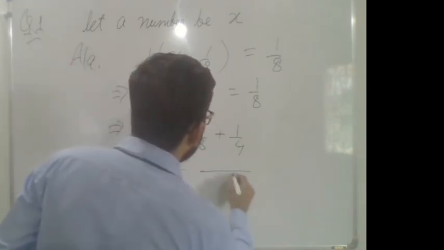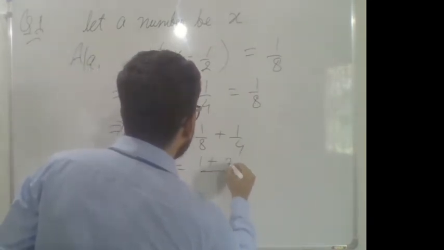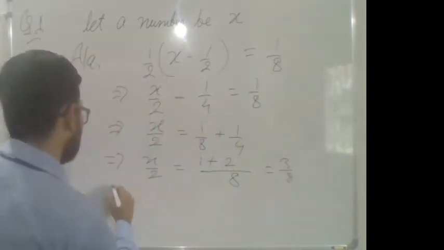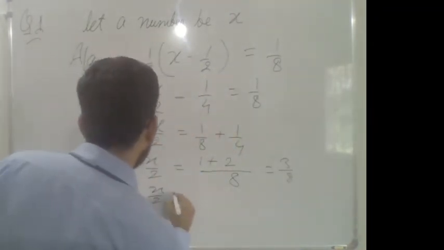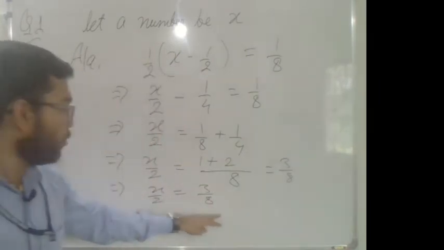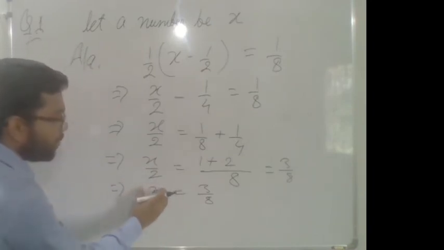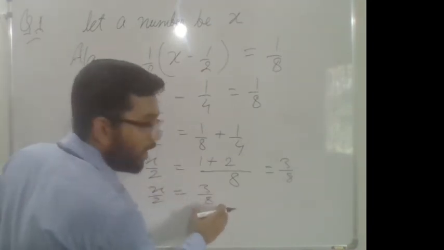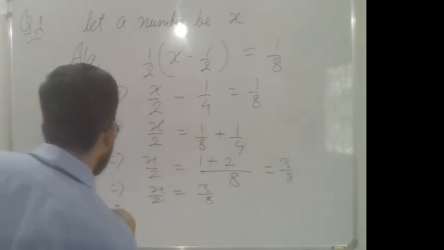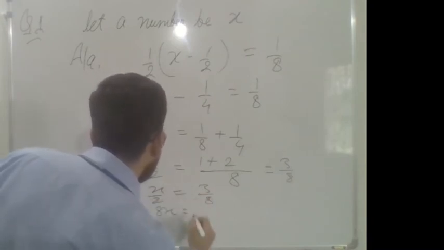taking the LCM, you will get 8, 1 plus 2, that is equal to 3 by 8. So x by 2 is equal to 3 by 8. Now here you will have to cross multiply. When you get a single term on the LHS and a single term on the RHS, you just need to cross multiply. When you cross multiply, 8 into x is 8x, 3 into 2 is 6.